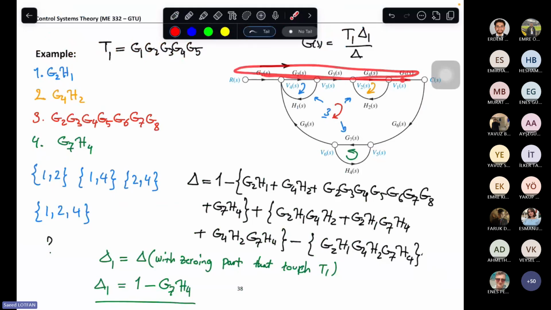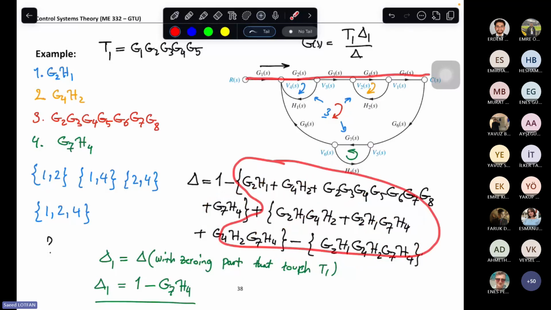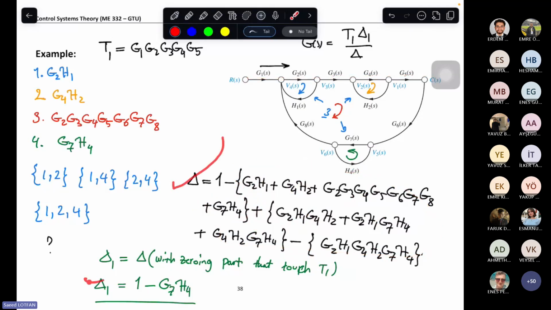This feed forward is touched by this loop. This one is touched by this loop. This one is touched by this loop. And this one is not touched by this one. So in delta, you put every touching term as 0. Just this remains, because these loops are touching the feed forward path. So you remain with just this one. You have delta, you have delta 1, you have T1, and you find the transfer function.